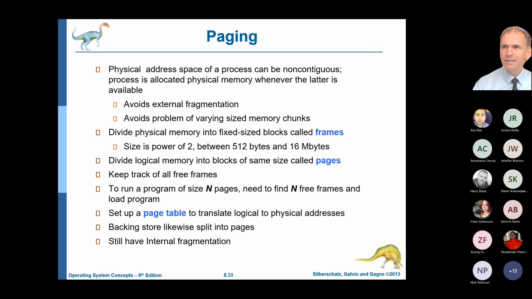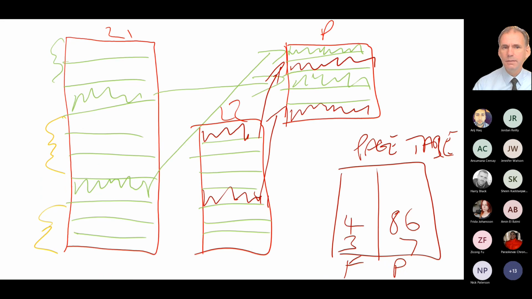Now, there is still internal fragmentation. So remember what we're talking about? We're talking about the idea that this last chunk here is unlikely to be the full size. So if we had a 1K chunk, that last bit might be, say, 800 bytes.